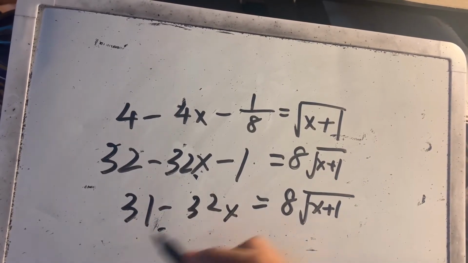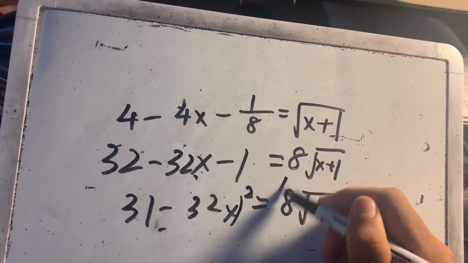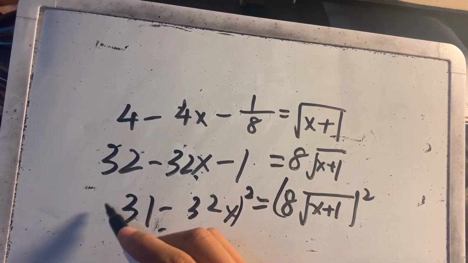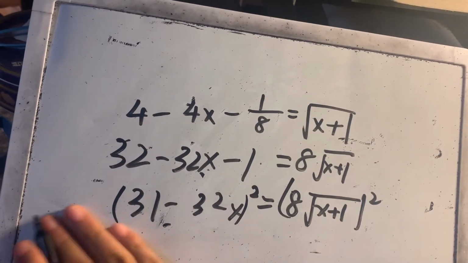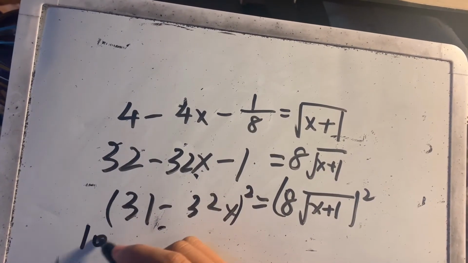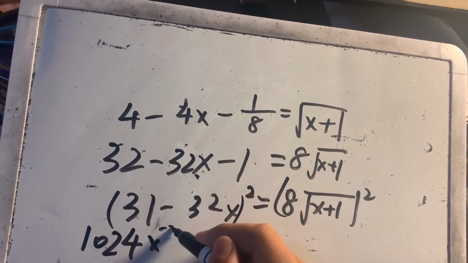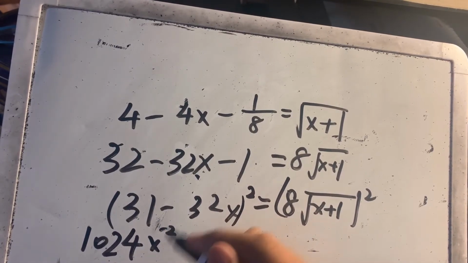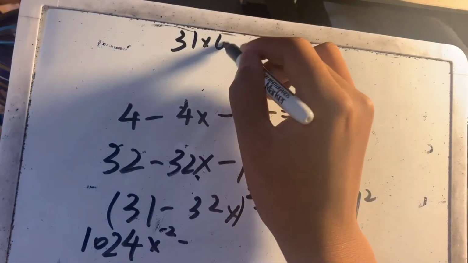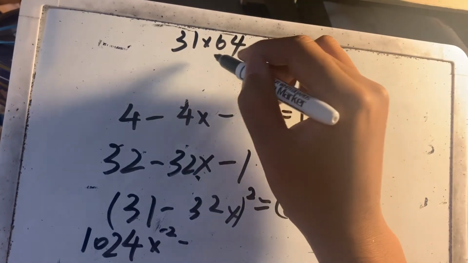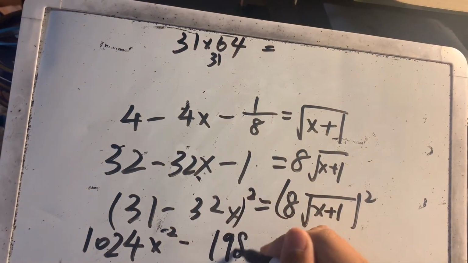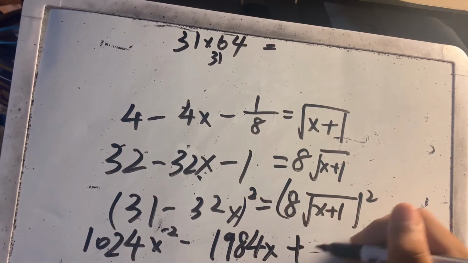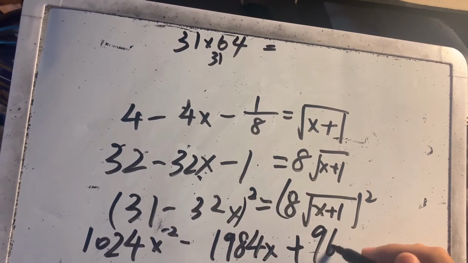After that, we square both sides. And we get, it should be this. It should be, 32 squared, it should be this. Minus 31 times 64. 1984 x plus 31 squared is equal to this.